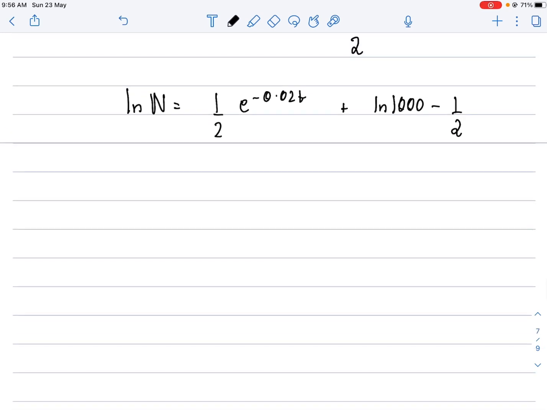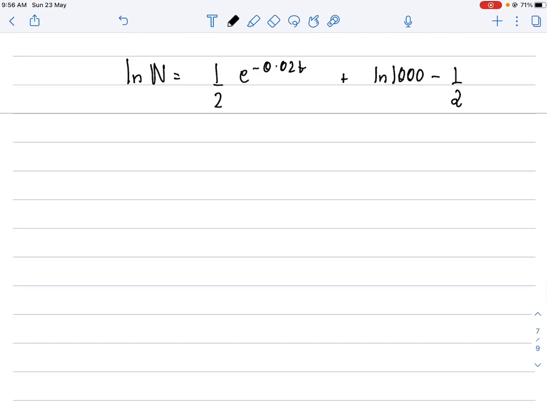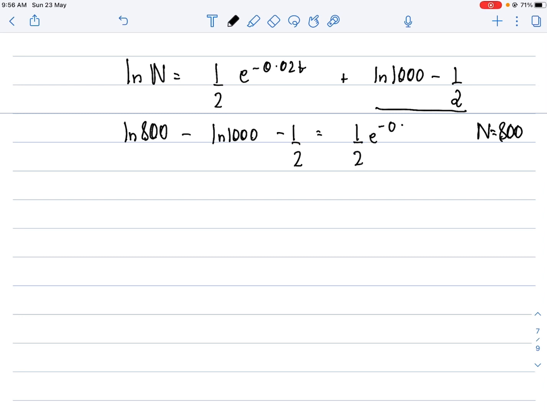Now I need the value of t when N is equal to 800. So let N be 800. I can write this as ln 800, and take this full thing to the other side to get minus ln 1000 minus half equals half e raised to minus 0.02t. This will be plus half, minus ln 1000.